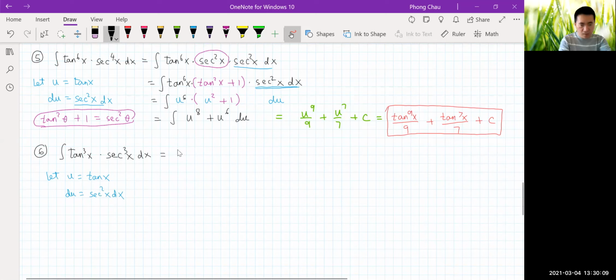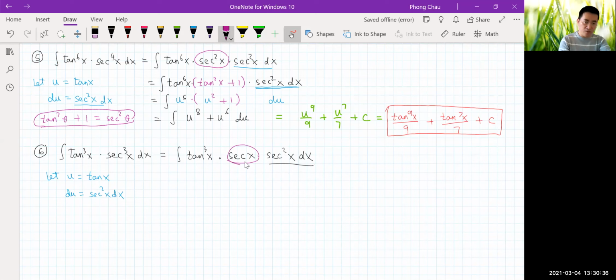When you rewrite that to have secant squared, we split that into secant x times secant squared x, where that would turn into du as before. That's a tangent, and since u is tangent, you need to express the secant in terms of tangent. You see there's a problem there.